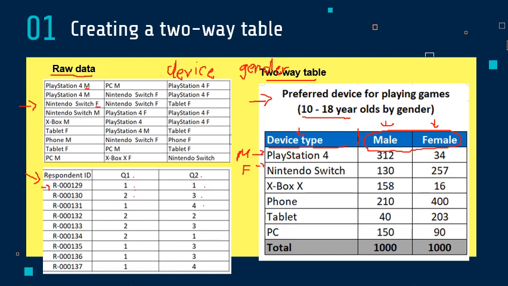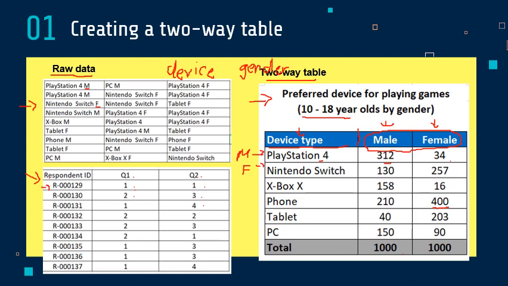So, you could do this manually, or you could set up a formula to populate this. But here I can see that for PlayStation 4, out of 1,000 male respondents, 312 preferred PlayStation 4 over these other types of devices, compared to only 34 females. Whereas down here for phone, phone was much more popular with females than it was for males, almost double.